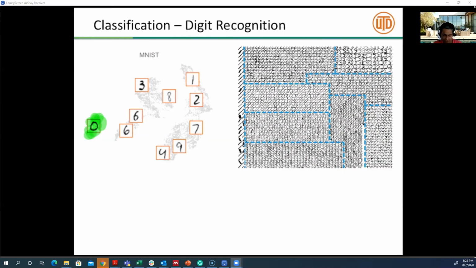So the idea of this is that I have an image that essentially has something like a zero.